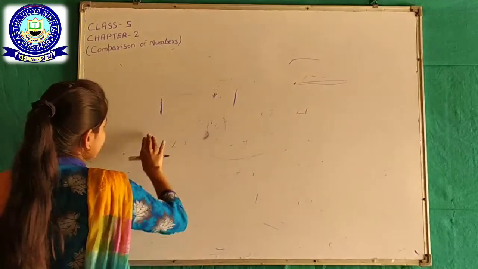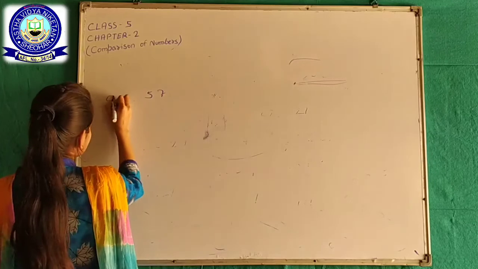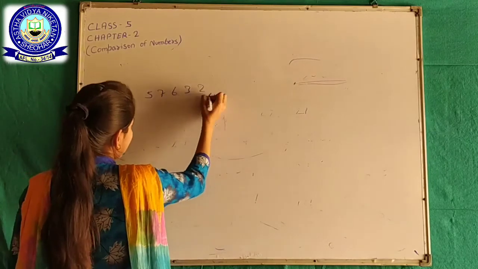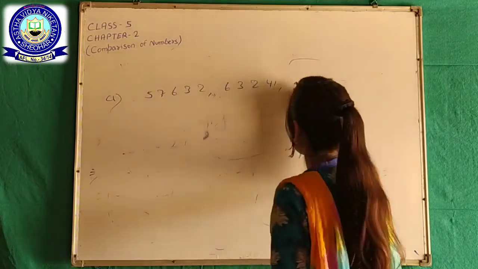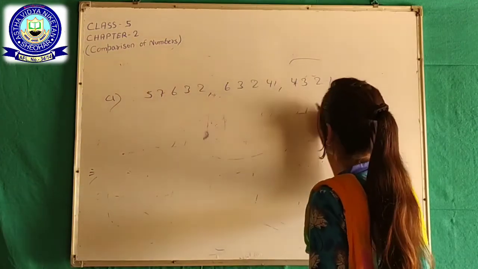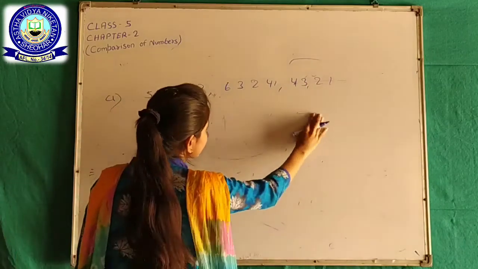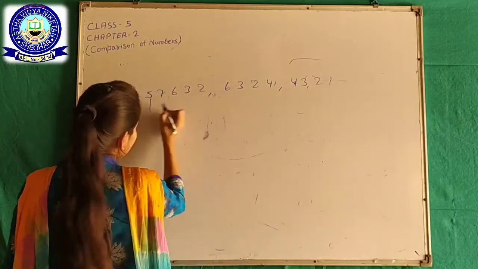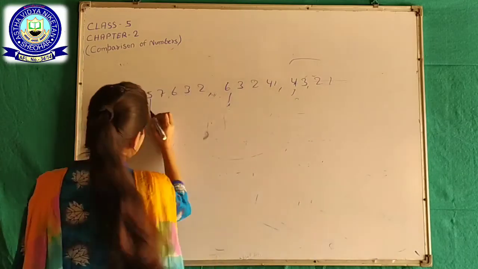Now you have to write it in descending order. In descending order, you have to write the largest number of any series first. You have to compare the digits. Here is 6, here is 4 and here is 5, 6.